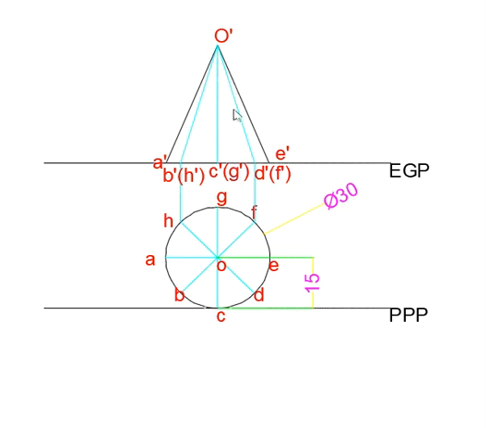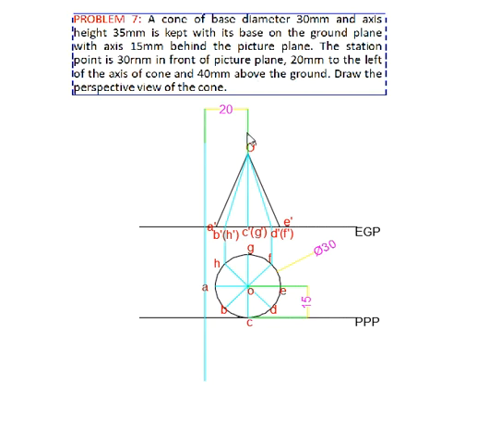Now you have to mark the central plane. It is given that the central plane is 20 mm towards the left of the axis of the cone. So you can take 20 mm from the axis of the cone and draw a vertical line perpendicular to the XY and PPP lines; that is the central plane.